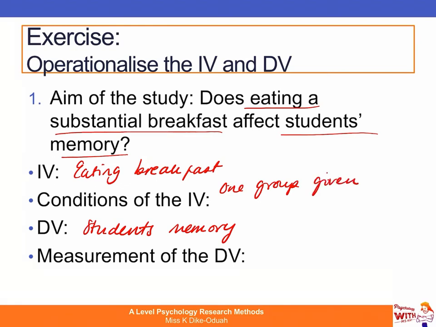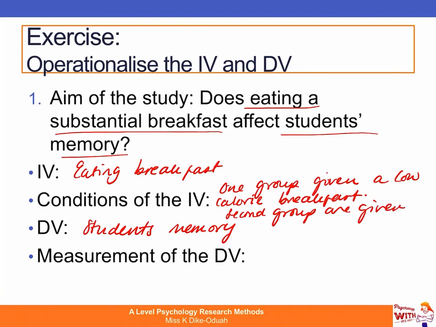I'll put given a low calorie breakfast, and then the second group are given a high calorie breakfast. So we've broken down our independent variable into two conditions.